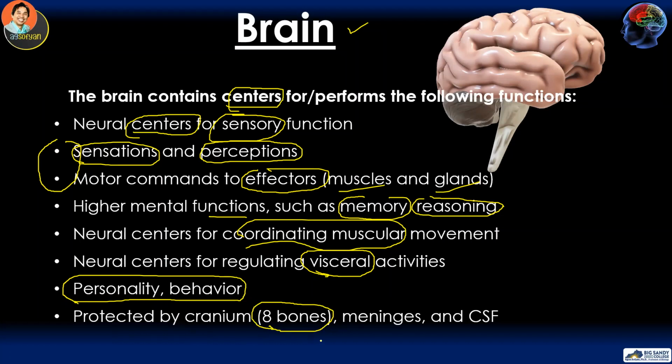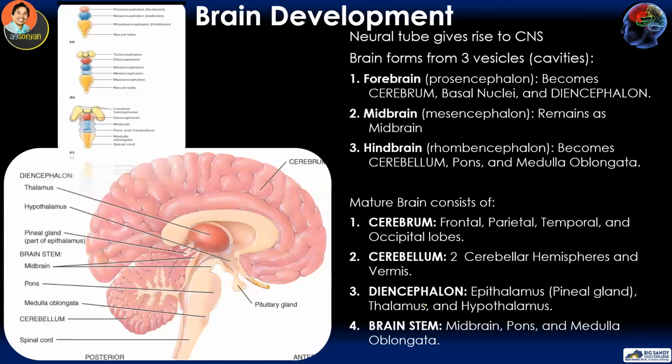Remember it is also protected by 3 layers of meninges: dura mater, arachnoid, and pia mater. Between those layers there is also protection from the CSF, cerebrospinal fluid. So this is a very good protection for our brain.